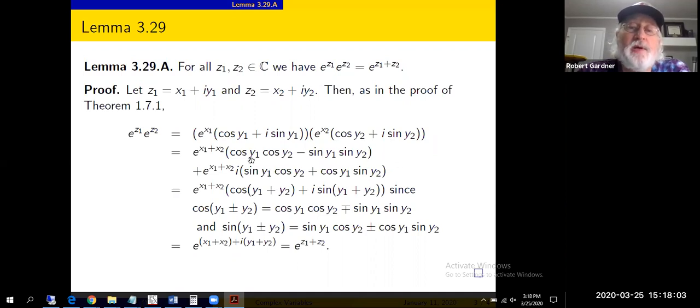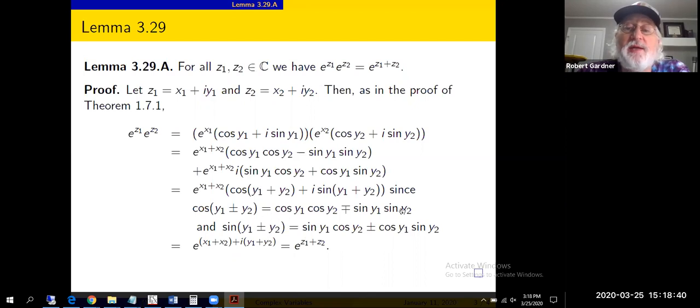Now, cosine y1 cosine y2 minus sine y1 sine y2 rings a bell. It's a summation formula for the cosine function. And down here with the imaginary part, we've got sine y1 cosine y2 plus cosine y1 sine y2, which is a summation formula for the sine function.